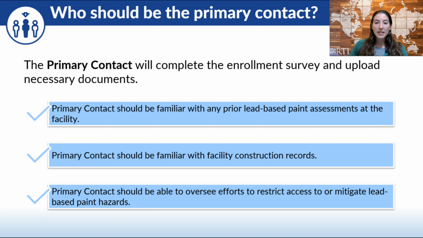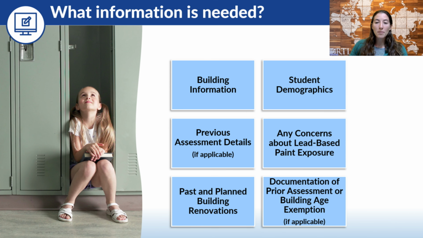To complete the lead-based paint section enrollment survey, the primary contact will need information on your facility, such as when it was built, student demographics, previous assessment details, any concerns about exposure, past and planned building renovations, and exemption documentation, if applicable.